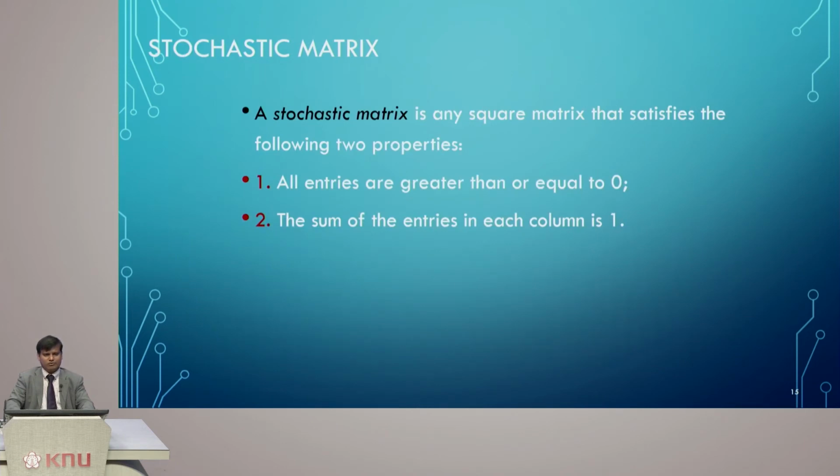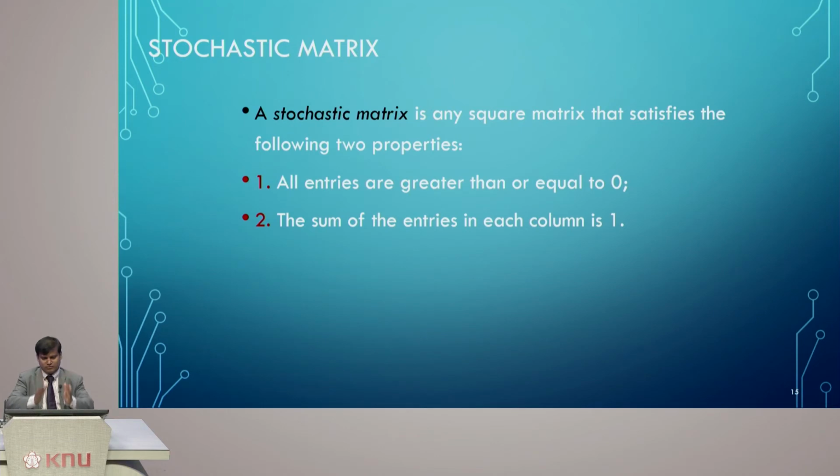There are a few points about this stochastic matrix. A stochastic matrix, the transition matrix, is any square matrix that satisfies the following two properties. One is that all entries are greater than or equal to 0, which means that it cannot have a negative number. The other is that the sum of the entries in each column is 1.